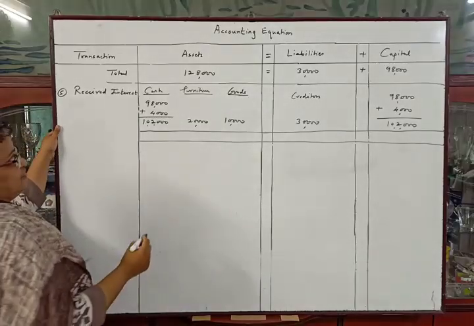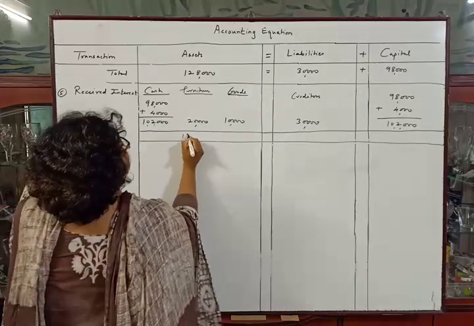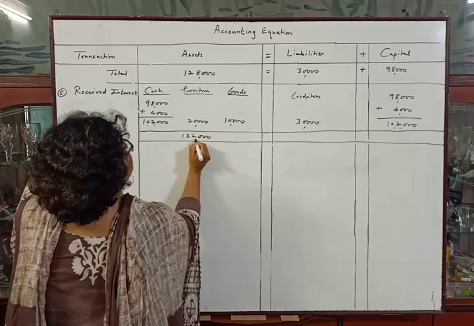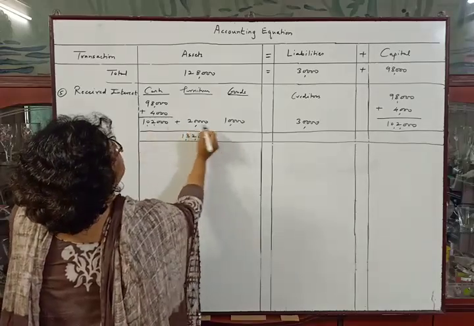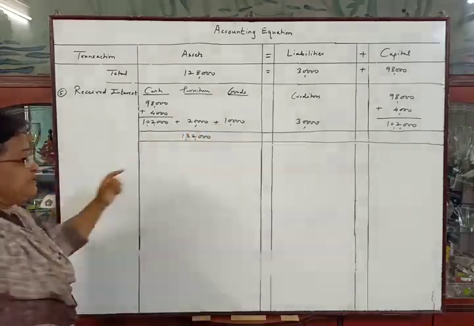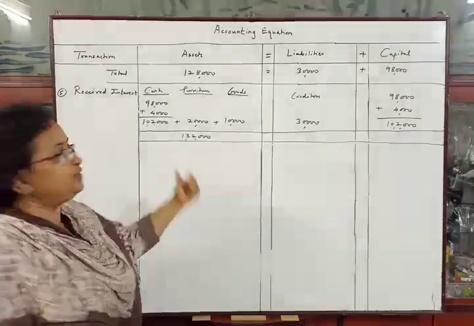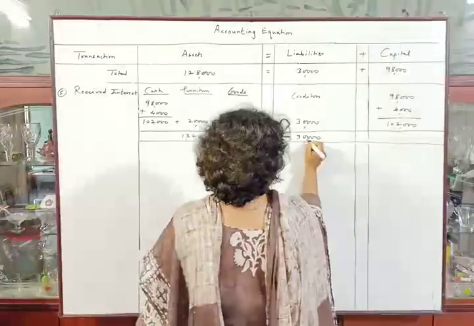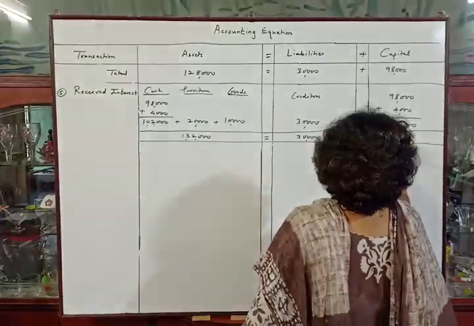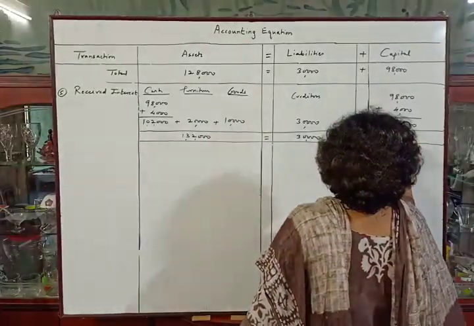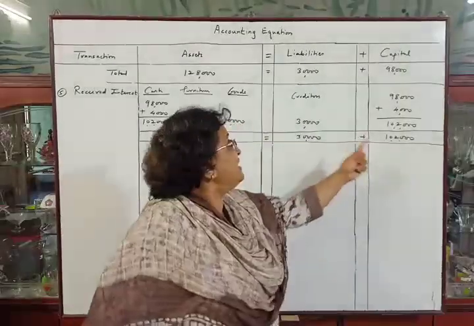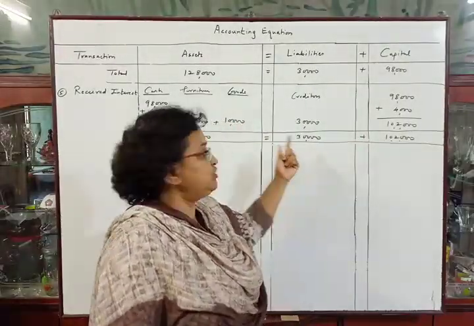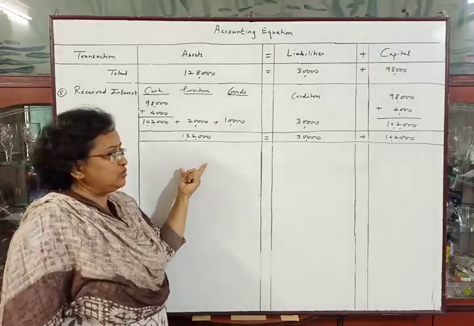Total of cash will be 1,32,000. Cash plus 20,000 plus 30,000 plus 10,000 is 1,32,000 is equal to 30,000 plus 1,02,000. The total of capital and liabilities will be 1,32,000 is equal to 1,32,000.